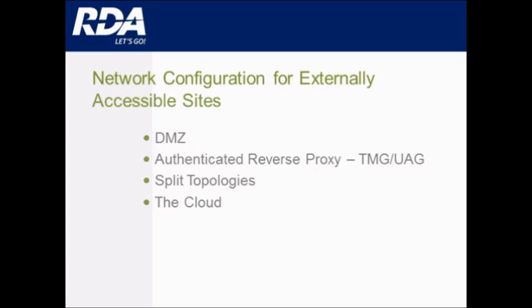You can put the servers in the DMZ, so they're not directly connected to your internal network except for through a firewall, and are typically only available through either port 80 or port 443 for HTTP access to the farm itself. You can also use an authenticated reverse proxy, such as the Unified Access Gateway or Threat Management Gateway available through Microsoft, which unfortunately is being deprecated, but there are other solutions that do the same thing.